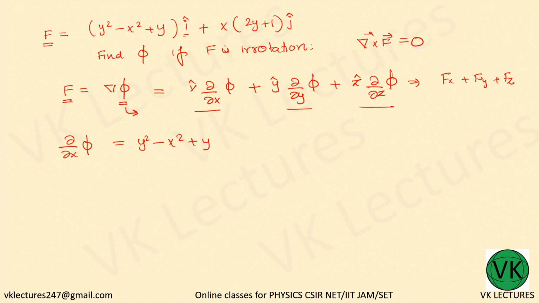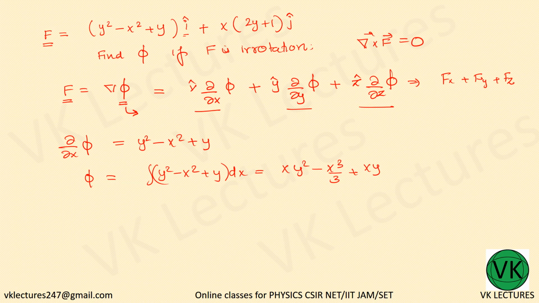Then phi will be equal to the integral of y square minus x square plus y with respect to x. So that becomes xy square minus x cube by 3 plus xy. So this is the first term Fx.